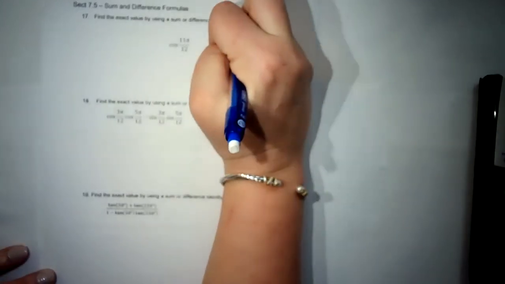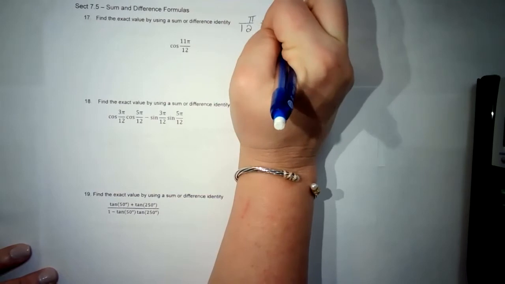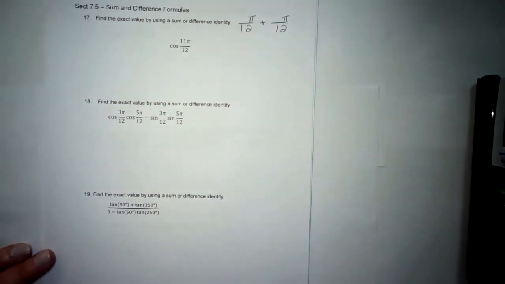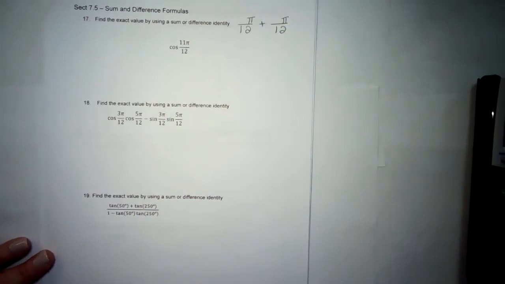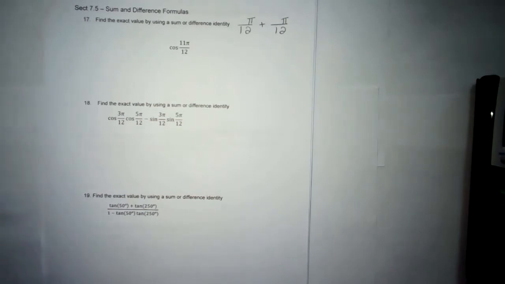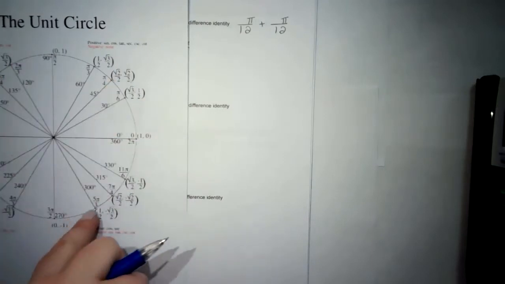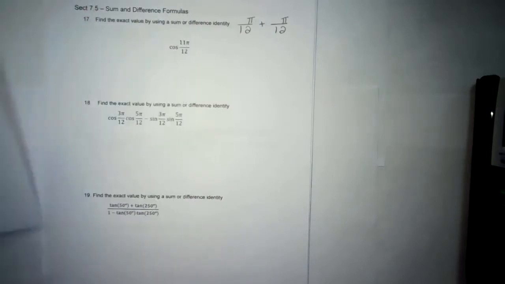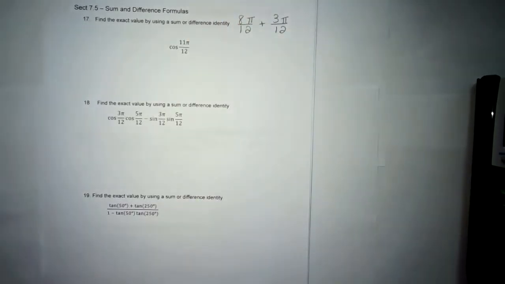Okay, so what I know is that I need two angles with pi over 12 that I can add together to get 11. Now the key to that is it can't just be any old thing, because whatever I use to add together to 11 has to be something that's going to reduce down to something on here. Okay, so I came up with 8 and 3.